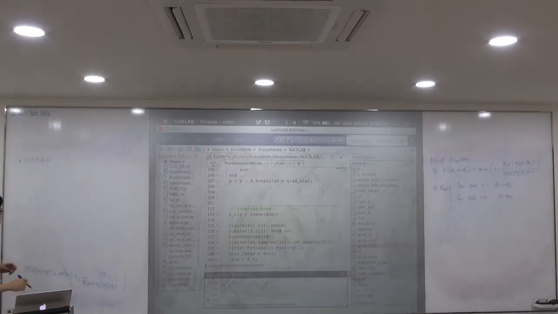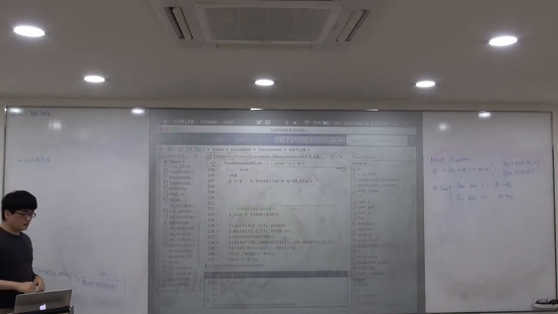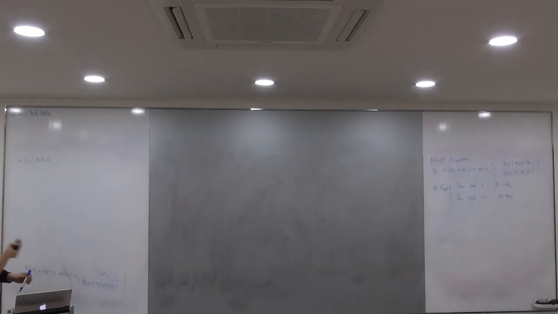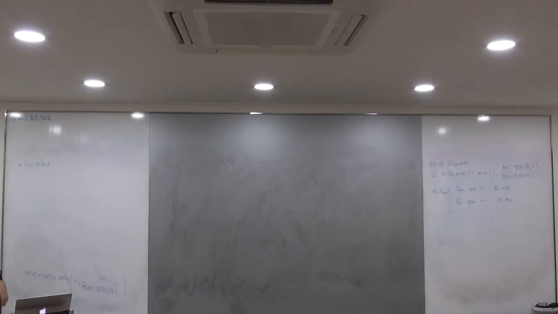The Metropolis-Hastings algorithm has another issue. We cannot resolve the curse of dimensionality issue. If you're dealing with high dimensional data, high dimensional probability density, you cannot actually use the Metropolis-Hastings algorithm.